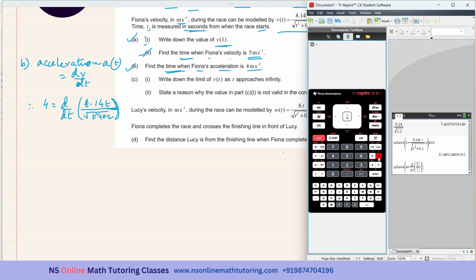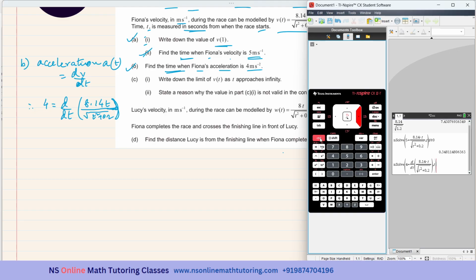And now the velocity expression, 8.14 times t over square root of t square plus 0.2, and comma, not inside, outside this, and comma and t.